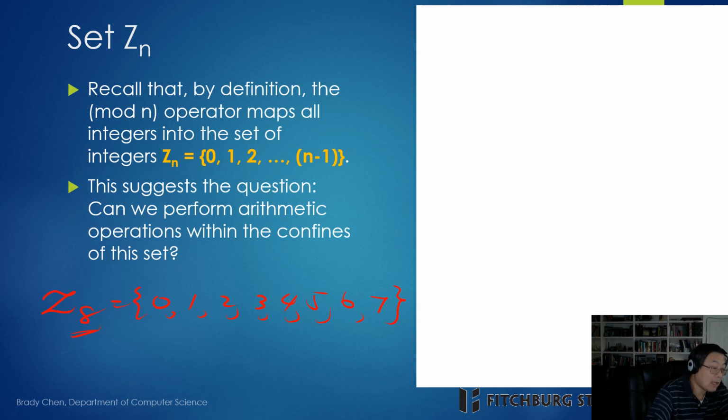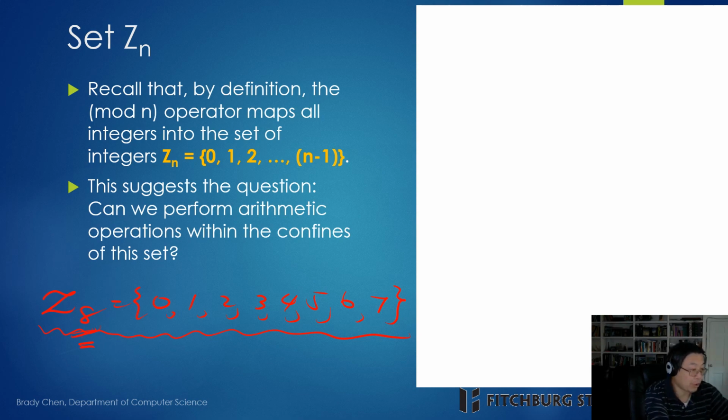The remainder is actually the modular operation, right? So a mod 8 is the remainder when a is divided by 8. So of course, the result should be smaller than 8. So we basically define the set called Zn. In this case, n is 8, right?